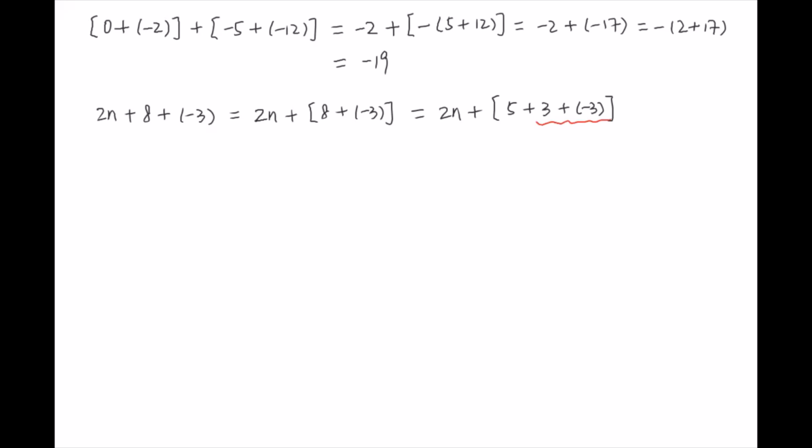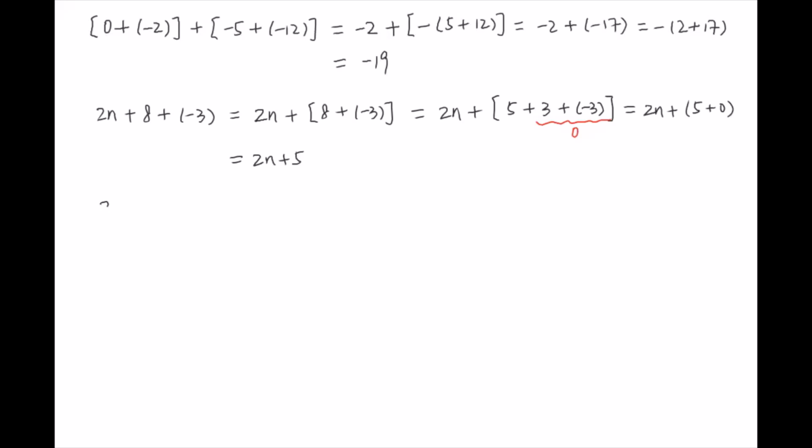So we can calculate these two terms together. So it's 0. We can get 2n plus 5 plus 0 equals 2n plus 5.